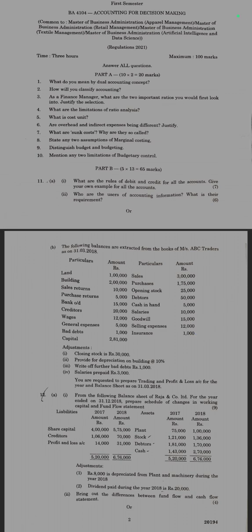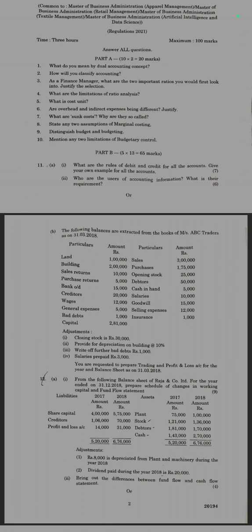You have to prepare the trading account, profit and loss account, and balance sheet from the required details given. ABC Traders, as on 31-3-2018, the balance and adjustments are also given. You have to prepare a balance sheet.